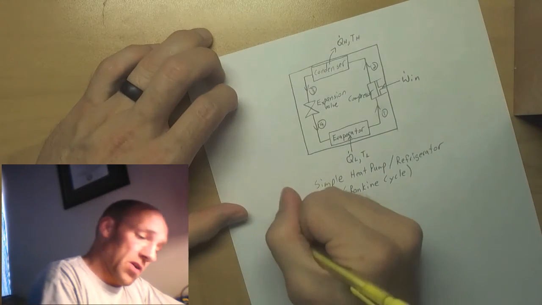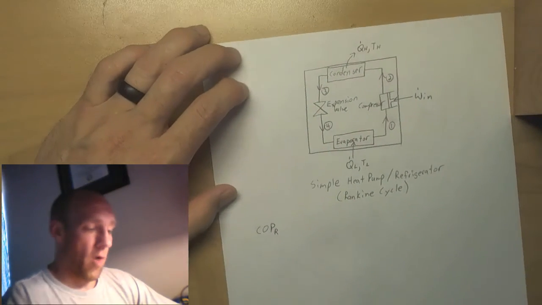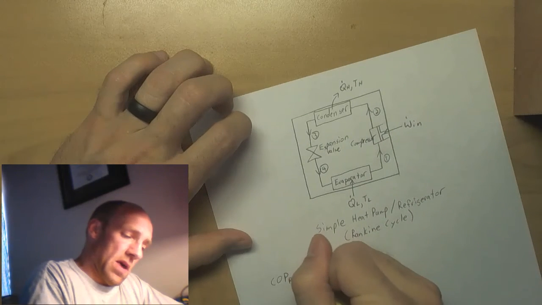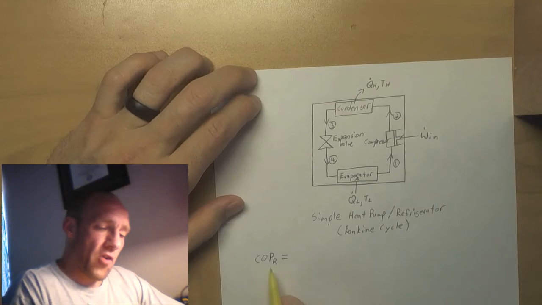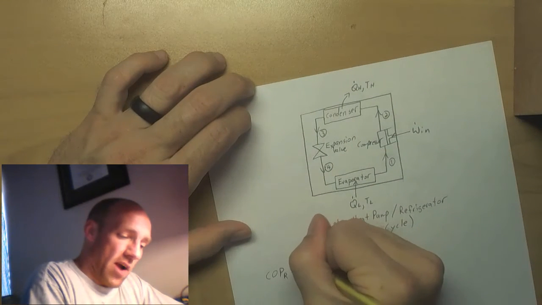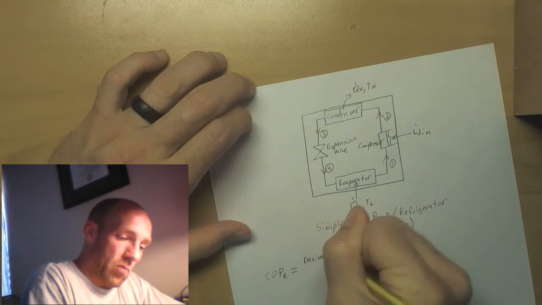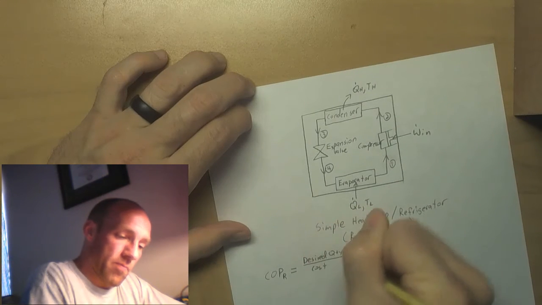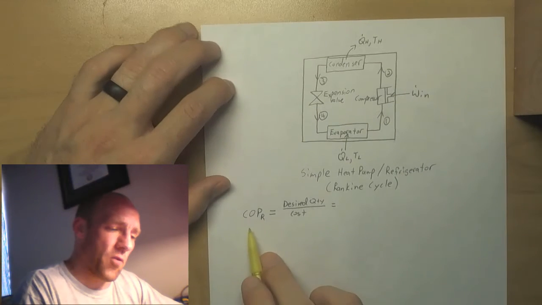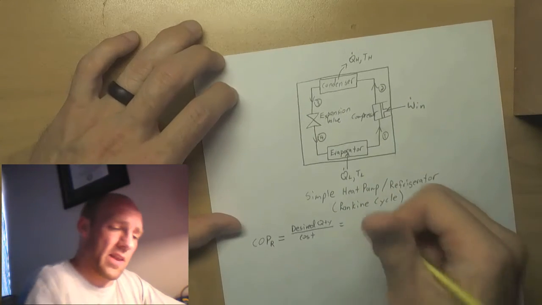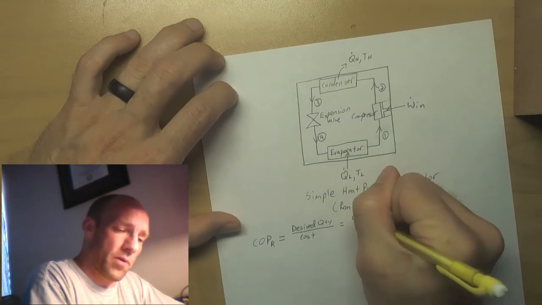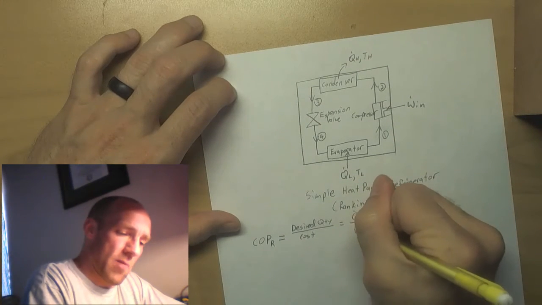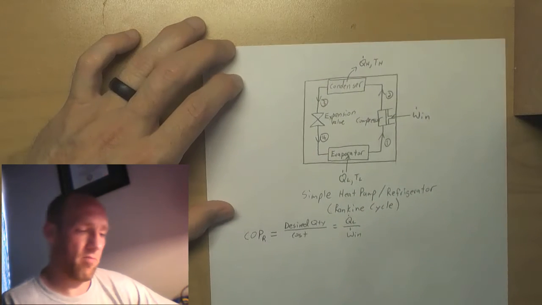And if we give it a little subscript R for refrigerator. So this is a measure of efficiency. So what we have is desired quantity over the cost. And in the case of a refrigerator, I'm interested in how much heat I can absorb from the cold side. And the cost is the amount of work it takes.